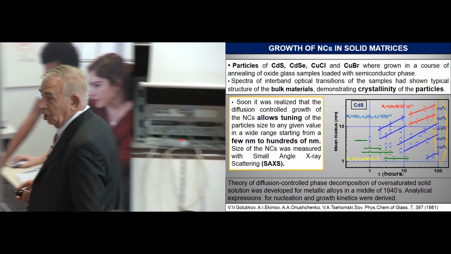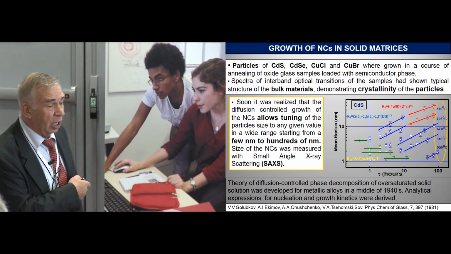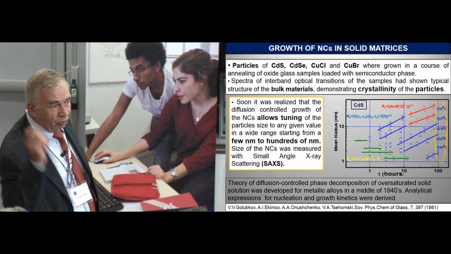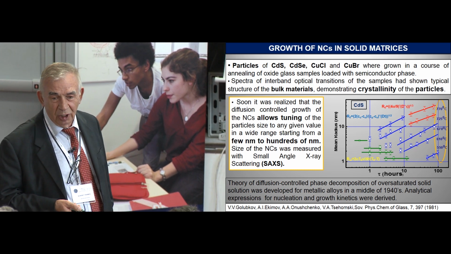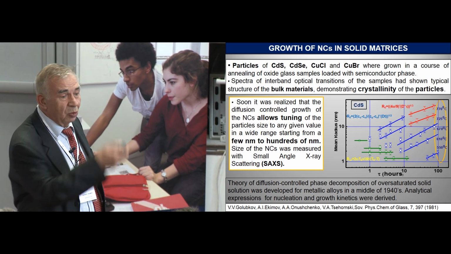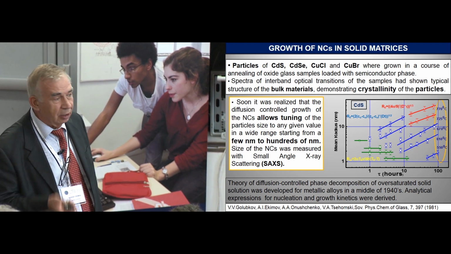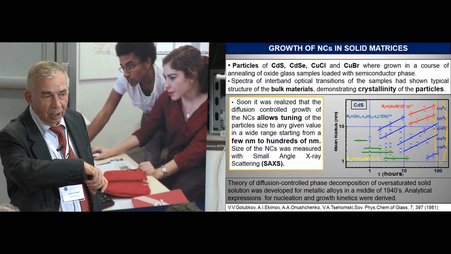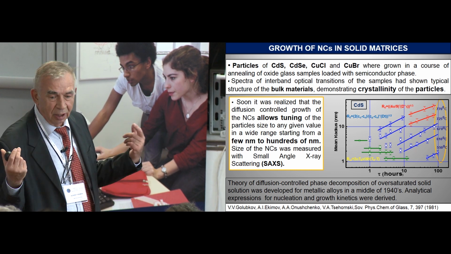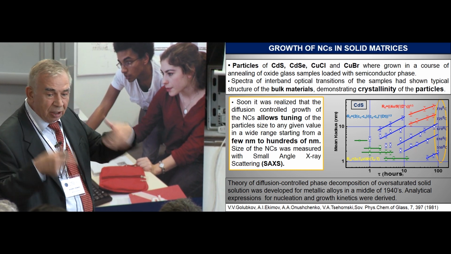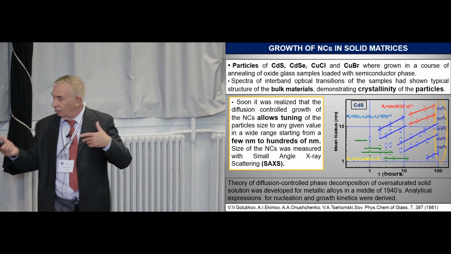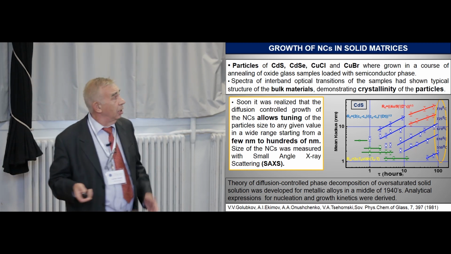Another one is possible simply because the melting of glass goes on at 1300 degrees Celsius. So you can take a commercially available powder of semiconductor, CdS, CdSe, and just put in the powder, and because of sublimation at that high temperature of glass melting, you will have ions of the material.